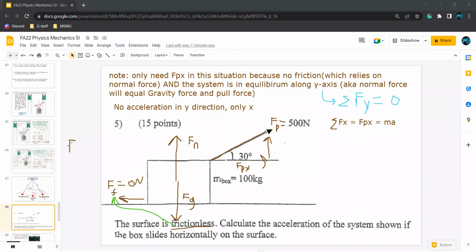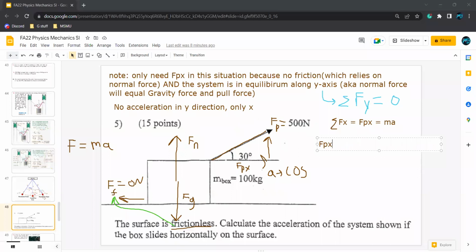That's, I think, the first law of motion. So then we have FP of x, which is adjacent, which means we're using cosine.